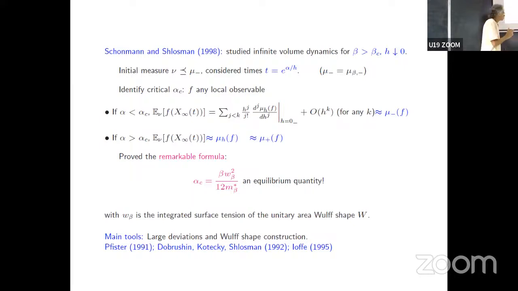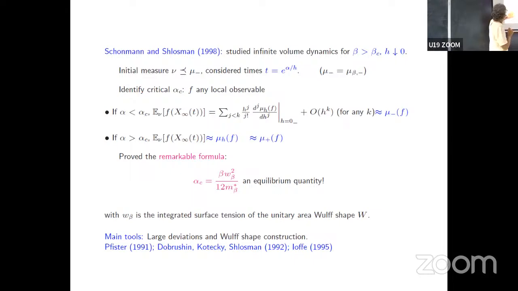But note, this is a very important result. And they identify this alpha critical. And what is really remarkable is that this alpha critical is described by an equilibrium quantity, something which one computes in equilibrium for the Gibbs measure. And that's something specifically given, which depends on beta in some way.